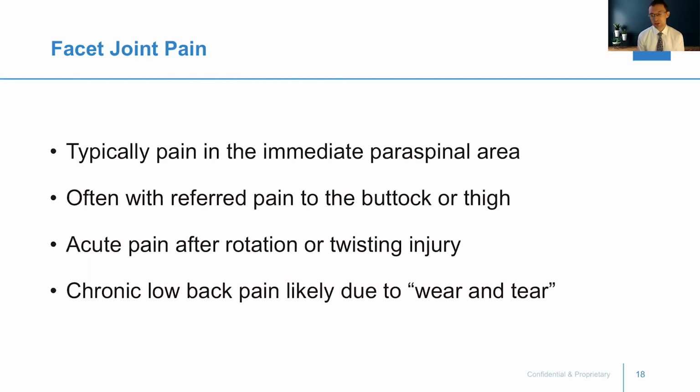So the facet joints themselves, like many other joints in the body, can be affected by wear and tear arthritis or osteoarthritis, and that can be a painful condition. It's also likely that when people develop disc degeneration, where the intervertebral discs in the back degenerate over time, there may be more load on the facet joints, and that may also contribute to facet joint pain.